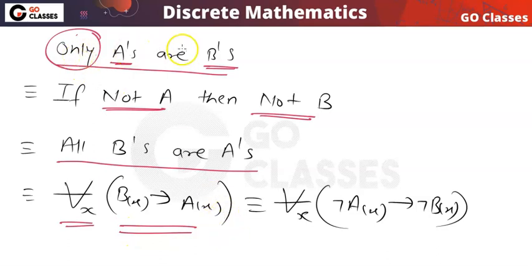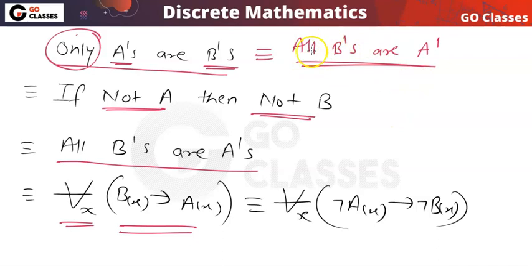Remember, only A's are B's is similar to saying that all B's are A's. So we can very easily write for all x, if it is B, then it is A. Similarly, since it is saying that only A's are B's, it means if it is not A, then it is not B. So for all x, if it is not A, then it is not B. This is also a basic template.